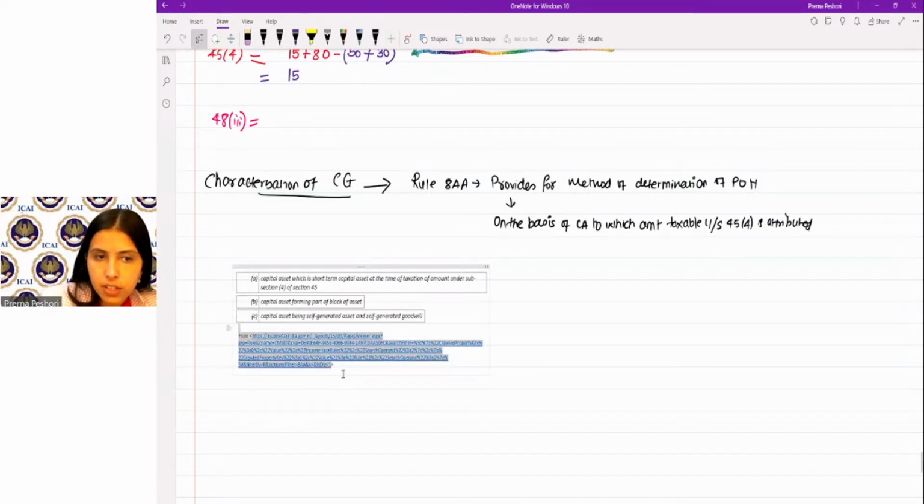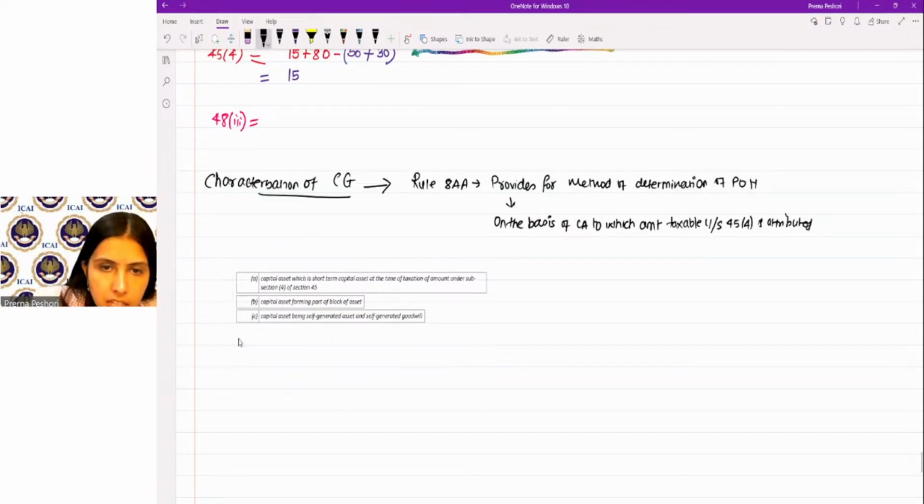So if these three are there, in the case of these three, it is a short-term capital asset.